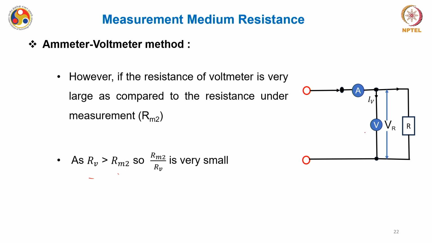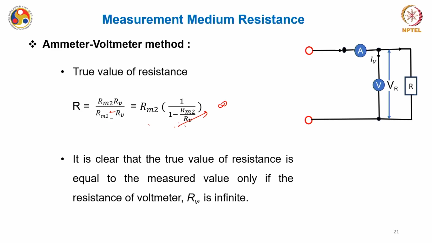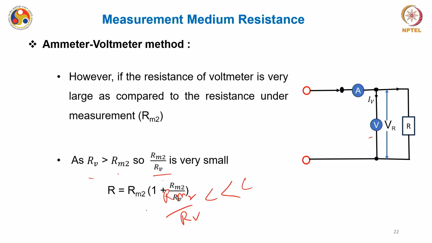Because we have already seen that the resistances of voltmeters are usually very high, in most practical cases RM2 is much smaller as compared to the voltmeter resistance RV. So RM2 by RV is a much smaller value, and therefore the expression that we have just seen, R equal to RM2 into 1 by 1 minus RM2 by RV, can be written as R equal to RM2 into 1 plus RM2 by RV, okay.